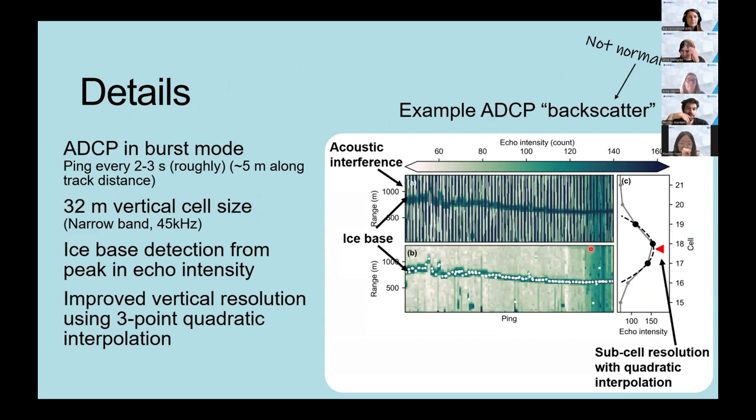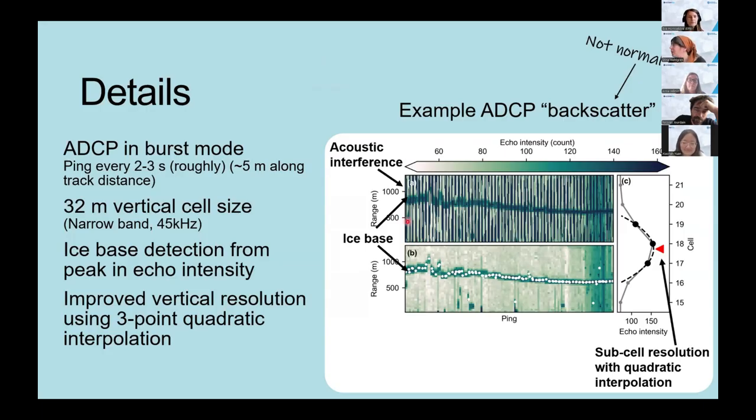Some details for our setup. So we use the ADCP echo intensity. That is kind of a measure of backscatter, although it isn't normalized as if you would actually look at backscatter. And we had quite a lot of acoustic interference from other instruments, so we had to remove those first. Unfortunately, we couldn't integrate the ADCP to the AUV.